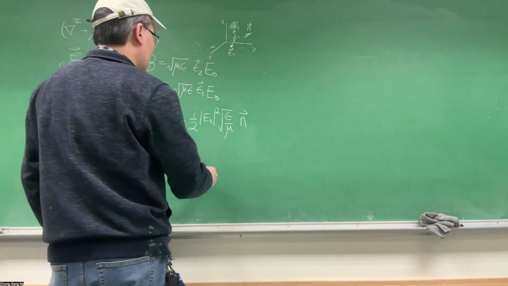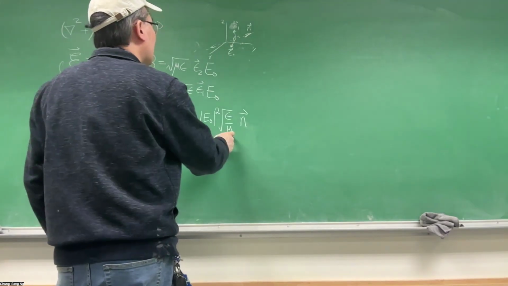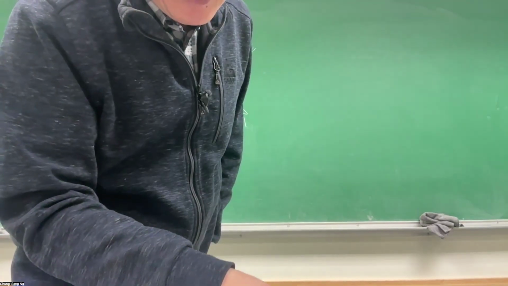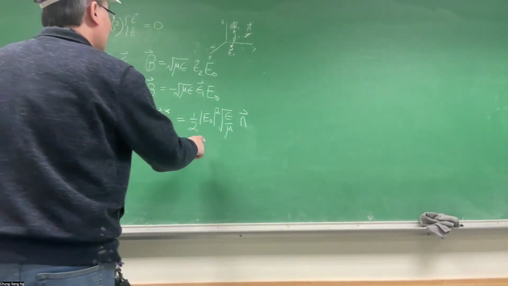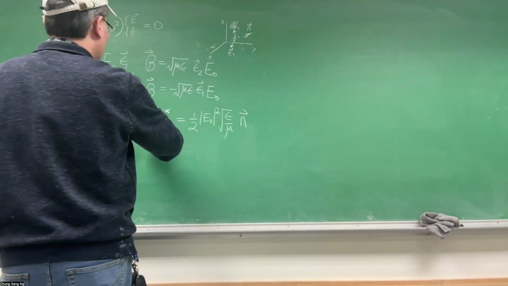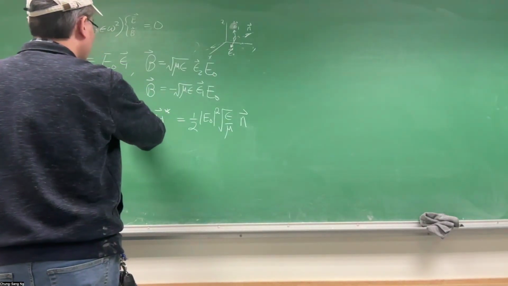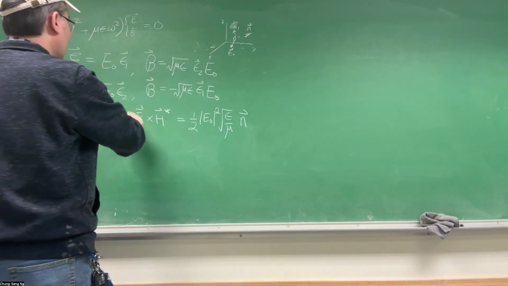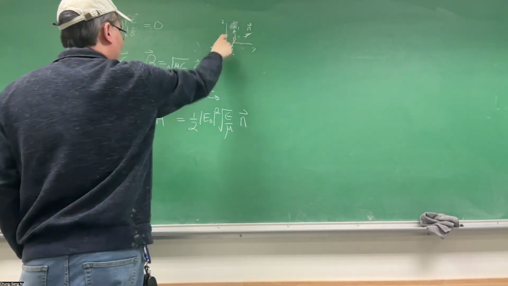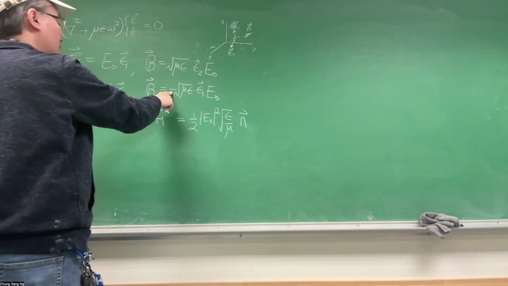Okay, so that's nice. That would be 7.13. That's for the first one, but for the second one you can also work out exactly the same, because now E is along epsilon 2, and epsilon 2 cross epsilon 1 is minus n, but then you have a minus n.